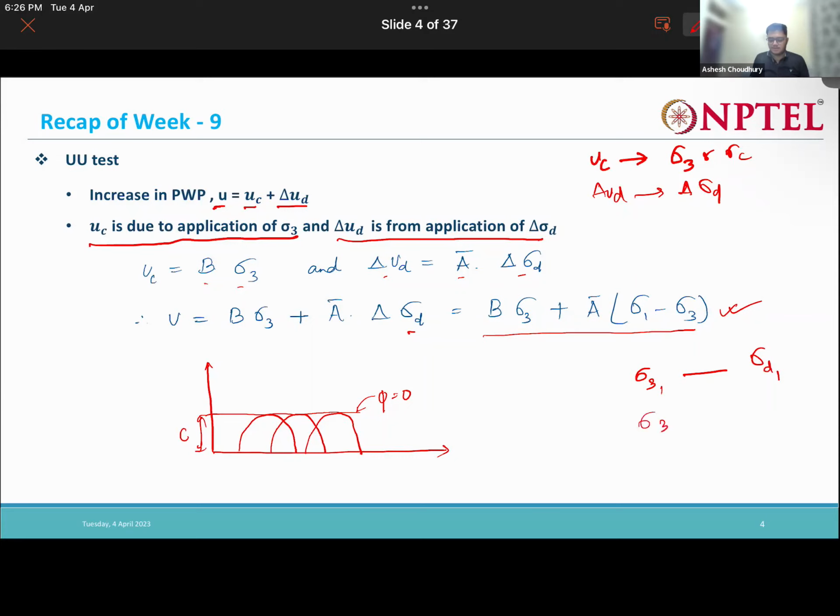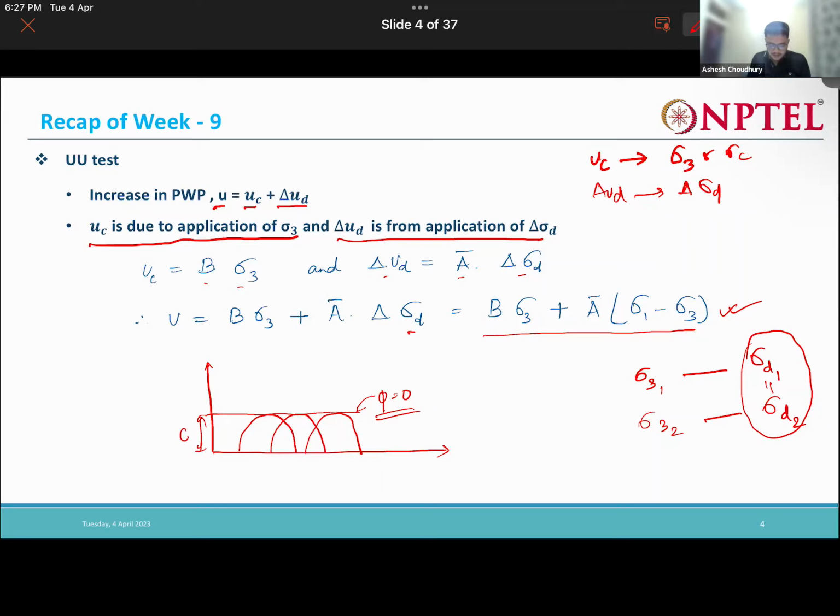For sigma 3 2, you are getting sigma D2. These two are actually equal because the soil is failing at the same point, because whatever extra load you are applying is taken by my pore water and not the soil skeleton. The soil skeleton is not taking the extra stress that you are applying. That's why my soil fails at the same deviator stress. So we are getting circles of the same diameter, and from the UU test you always get phi equal to 0.